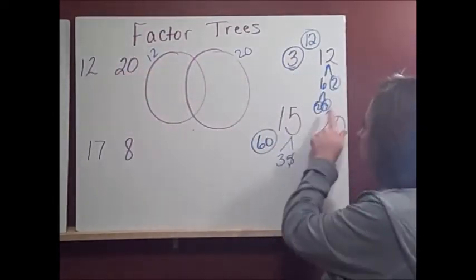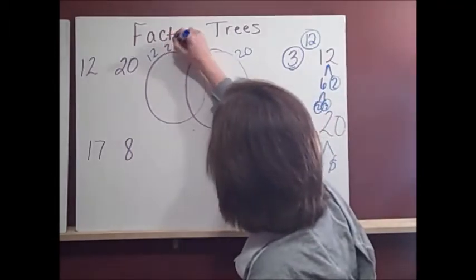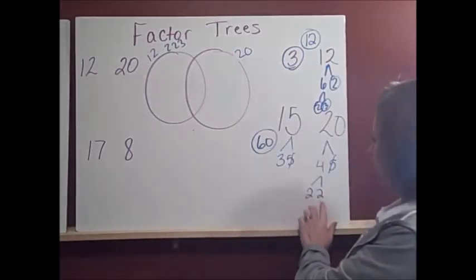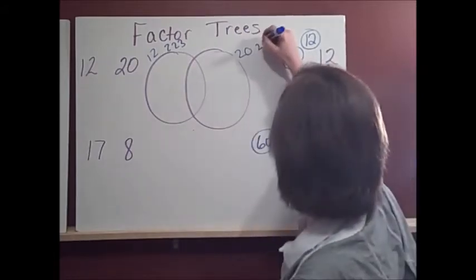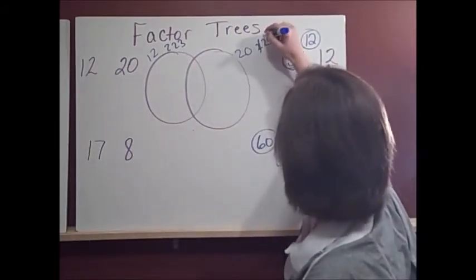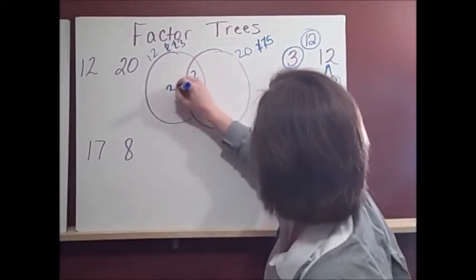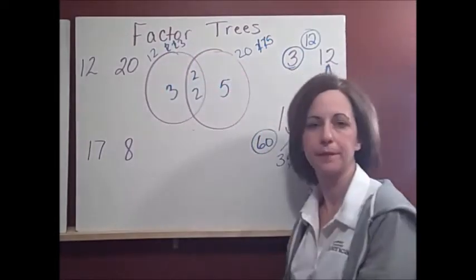For 12, I have a 2 and a 2 and a 3. If I list those up here for easy calculations, and then for 20, I have a 2 and a 2 and a 5. So these are going in the middle, and the 3 is here, and the 5 is here.